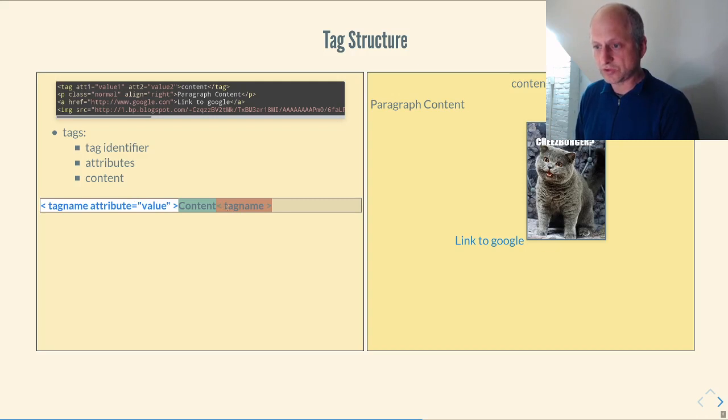And then we have a closing tag. The closing tag is identified by the / before the name of the tag. And in between the opening and closing tags is the content of the tag.